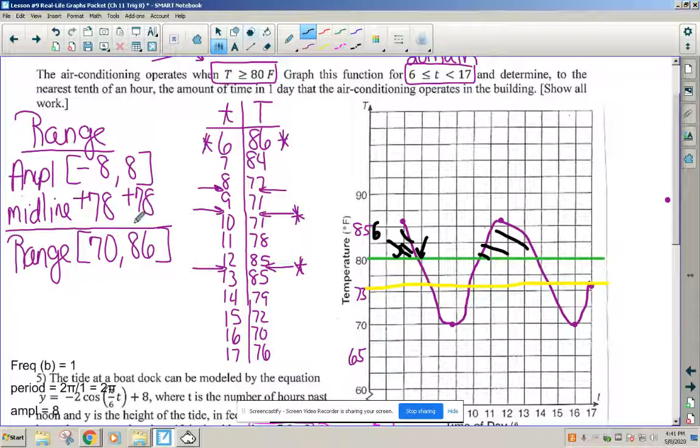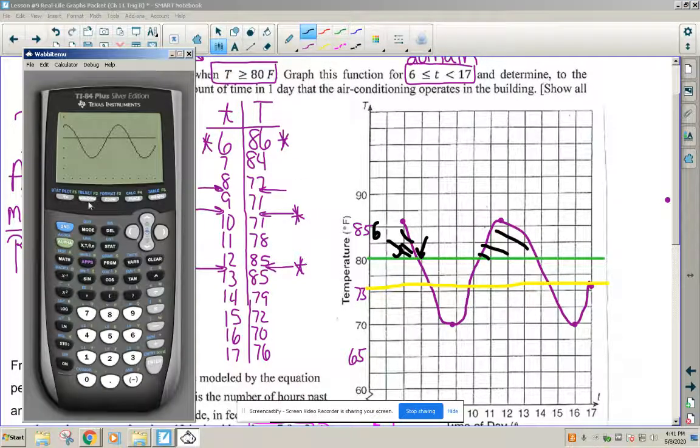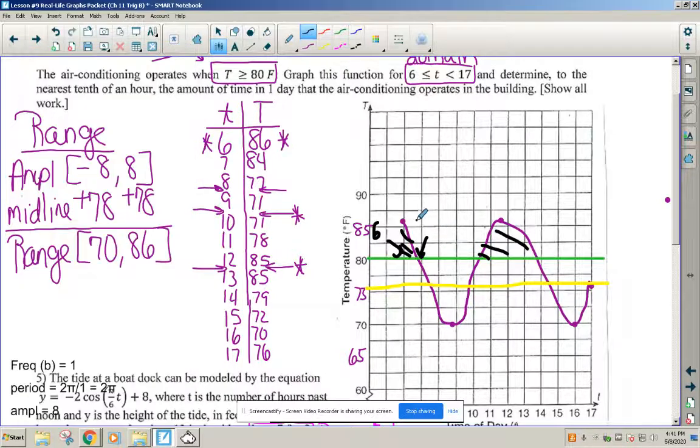So if I use the intersect key, second, calculate number 5, let's find this first intersection right here. You hit enter 3 times. And 7.6, so this is our 7.6. So right now, if the air conditioner was running from hour 6 to 7.6, it was running for 1.6 hours.